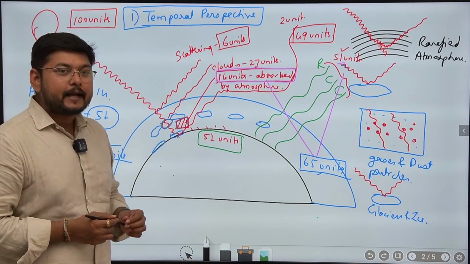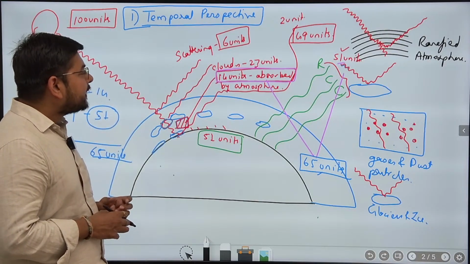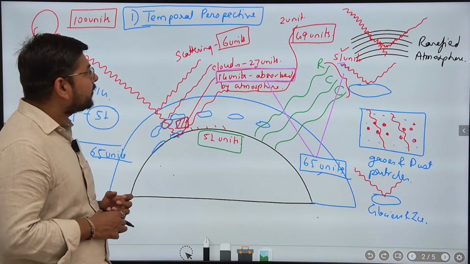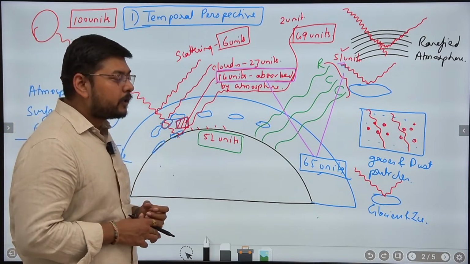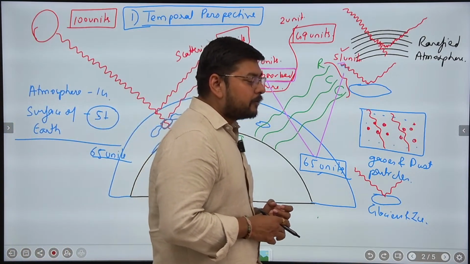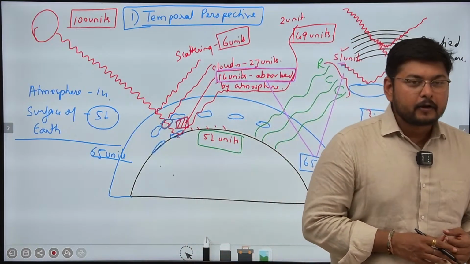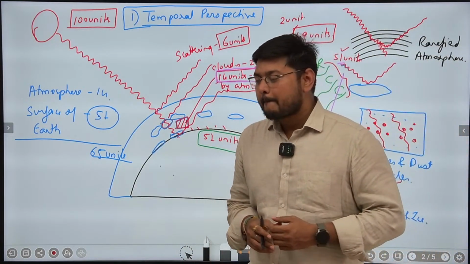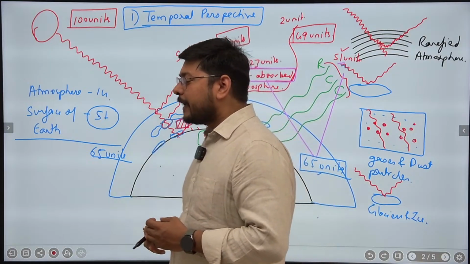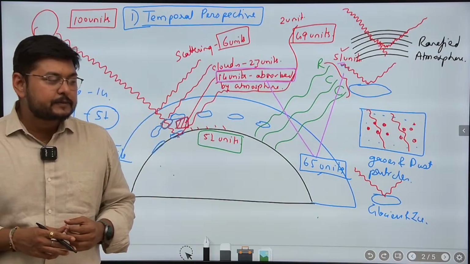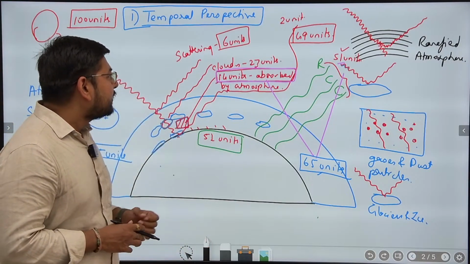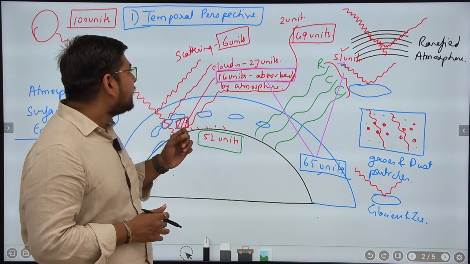Next point. The total amount of energy which is either scattered or reflected back to space is 35 units.